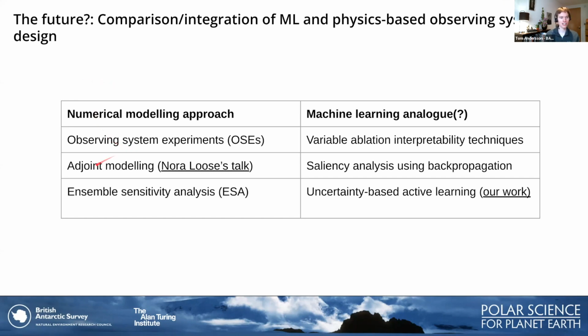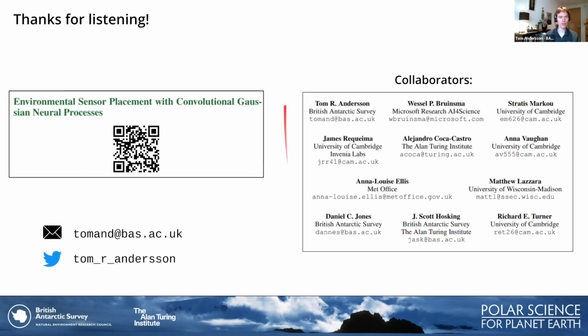And I just want to highlight one of these is adjoint modeling, which Nora Lusa gave a talk on in one of the previous SOOS OSD mini workshops. And our work kind of lies over here in this table. And in the interest of time, let's maybe just come back to this in more detail in the discussion section. But with that, I'll just wrap up and thank everyone for listening.